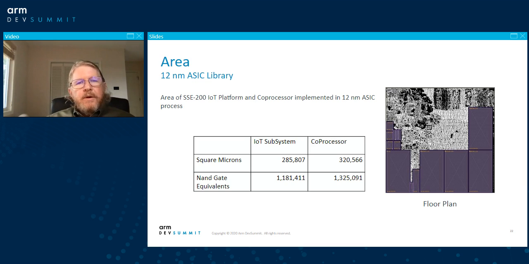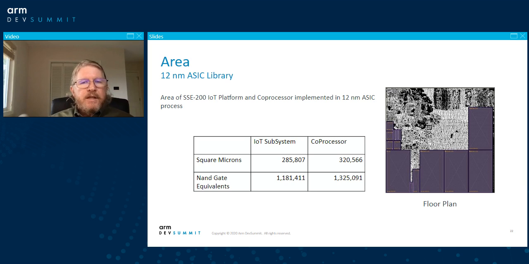This is the area that was taken up by the coprocessor that we created. So the IoT subsystem itself, the Corstone platform, was 285,000 square microns, again, using our 14 nanometer ASIC library process. The coprocessor was 34,000 square microns. So it increased the size of the design by about 15%.